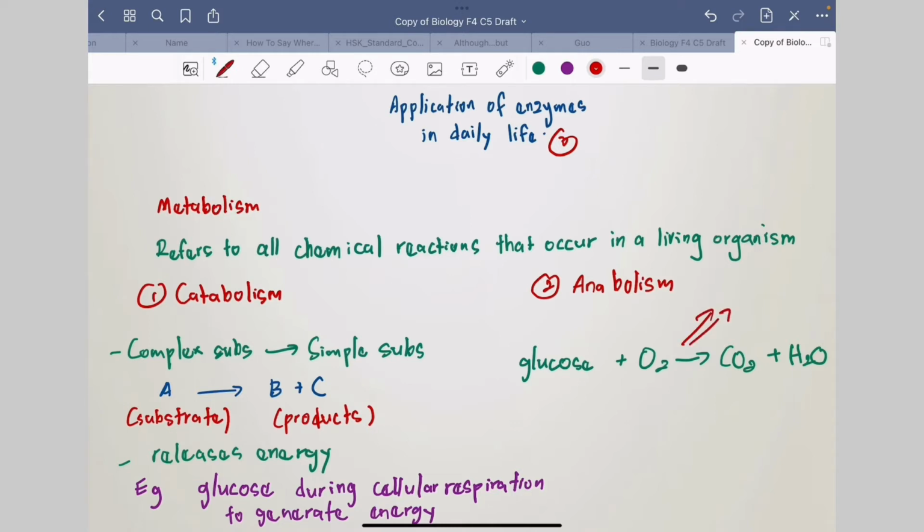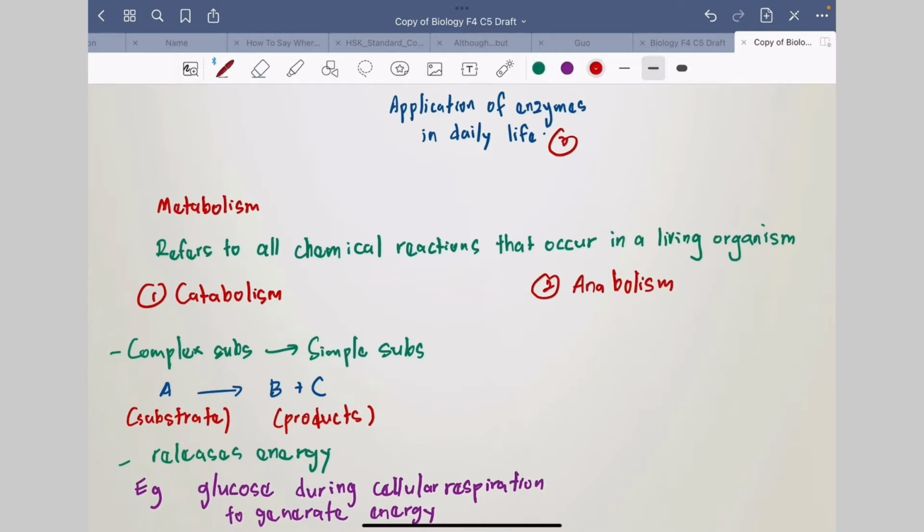We know that glucose is a monosaccharide and a simple sugar, but in this case it is a complex substance because it has 6 carbons, and the 6 carbons are bonded by chemical bonding, and this is considered complex, and energy will be released in order to release the carbon dioxide and water, which are the byproducts.